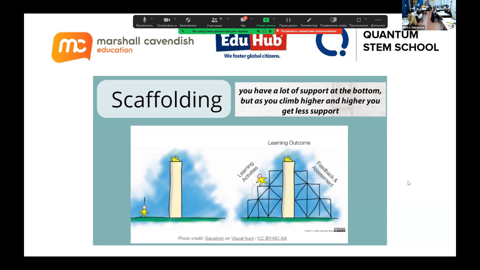It's called scaffolding. So we give them a lot of support at the beginning, which means I create very easy tasks at the beginning, so they understand very easy concepts, like this vocabulary, just new words, just simple facts, and then these facts become more and more difficult. So at the end, they become more independent in studying this subject.